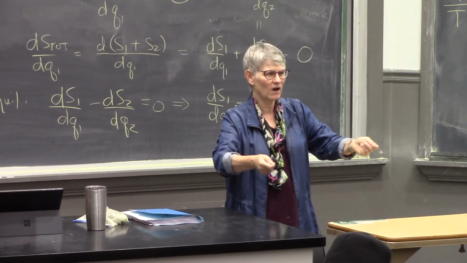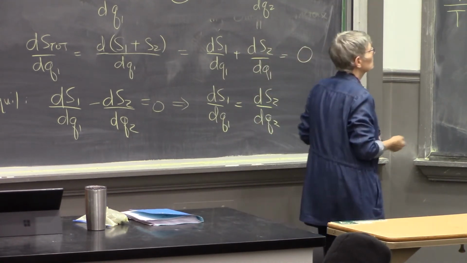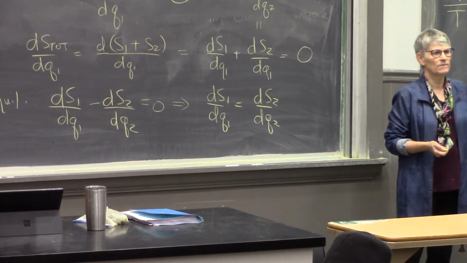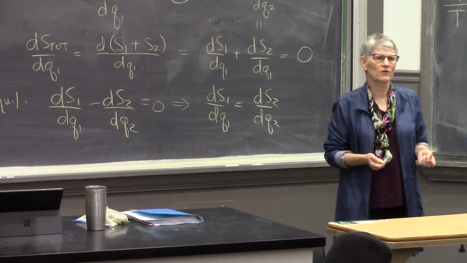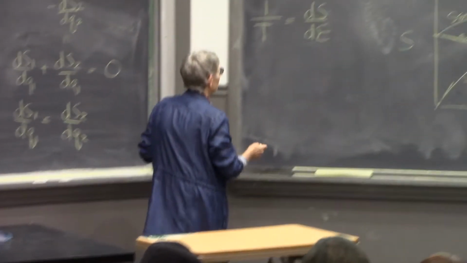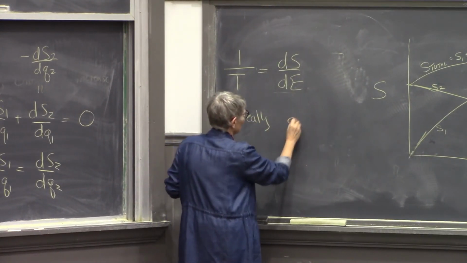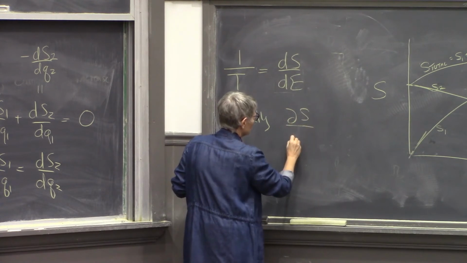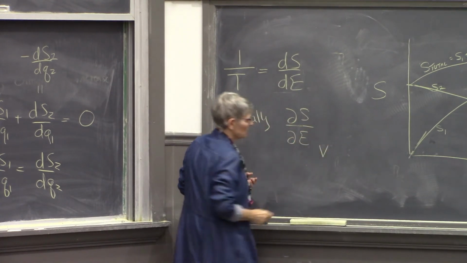When you put more quanta of energy into a block, does the entropy increase fast or not fast? Now, in fact, this is a slight oversimplification. It really should be the partial derivative of S with respect to E at constant volume.